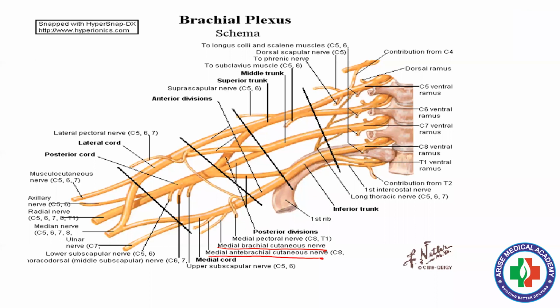Then comes the major things, the medial root of median nerve. You can see here, this is the medial root of median nerve coming. And last, this is the ulnar nerve, which is a major branch coming from the medial cord of the brachial plexus. So these are the branches of the medial cord of brachial plexus.